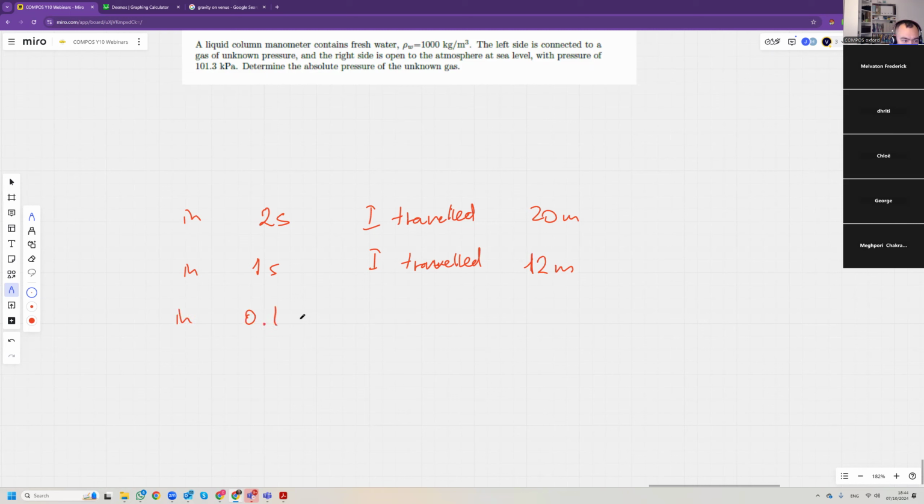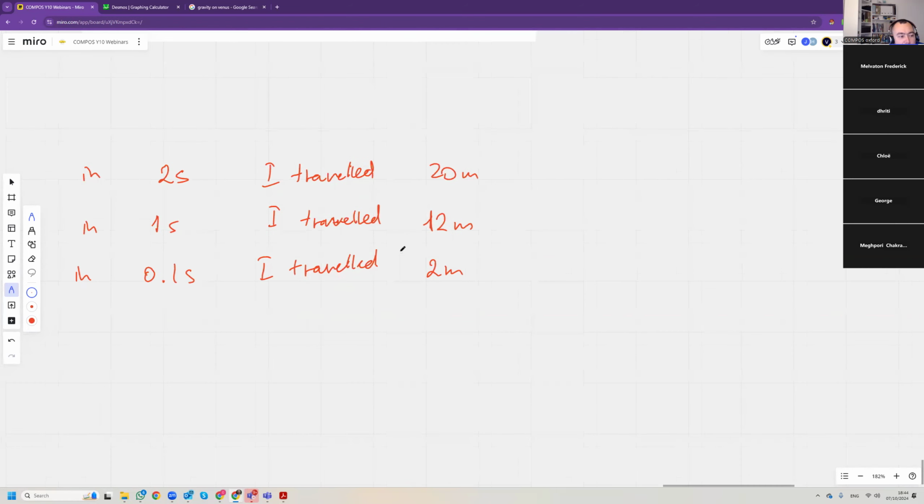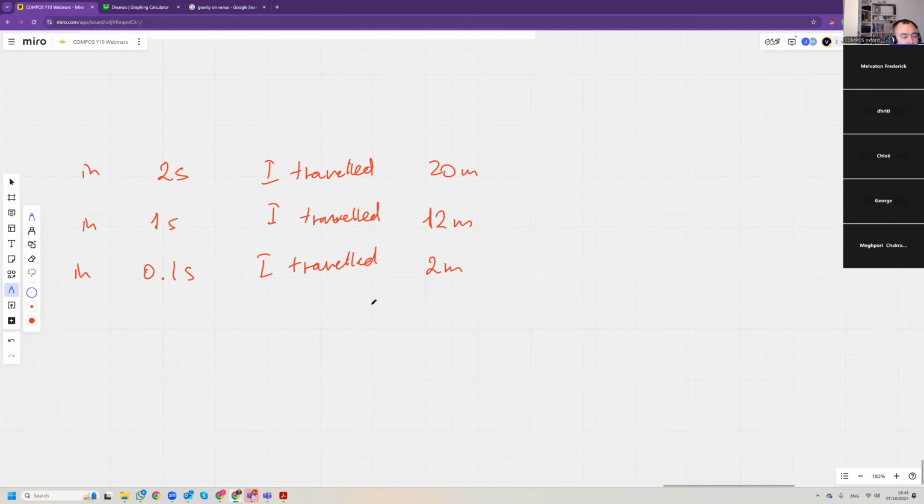In 0.1 seconds, I traveled 2 meters. So what's my speed? In the first 2 seconds, my speed is 10 meters per second, right? But in the first 1 second, it's 12 meters per second. In 0.1, that's 20 meters per second.